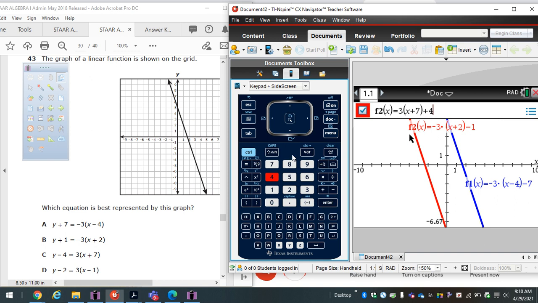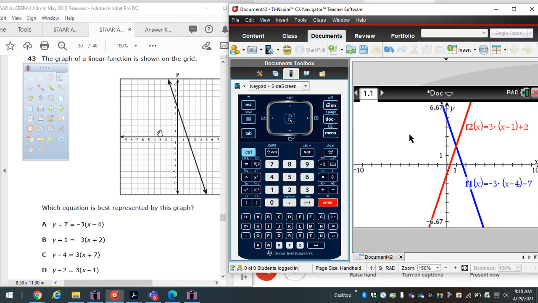Not even close. Double check. 3, x plus 7, plus 4. Yeah, not even close. 3, and then we'll go x minus 1. And to get rid of that one on the side, plus 2 over here. Nope. I like my answer H.